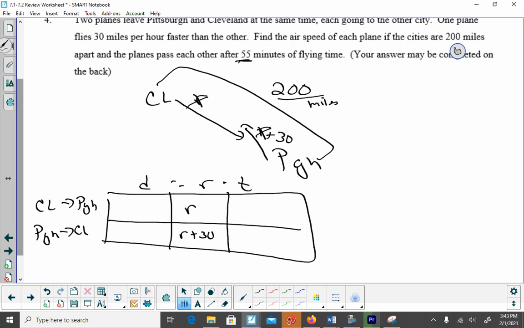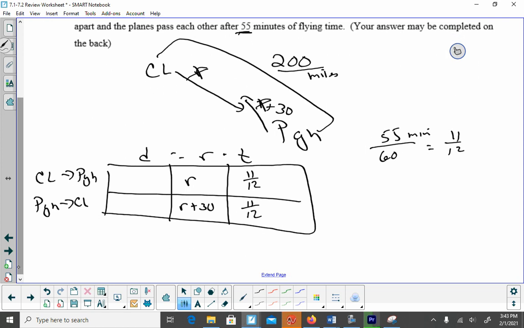So I need to change that 55 minutes to hours. So 55 minutes, and there's 60 minutes in an hour. So I have 11/12 of an hour. So my time for both is 11/12, because they're both flying the same amount. They leave at the same time, they pass each other, they wave to each other through the windows.